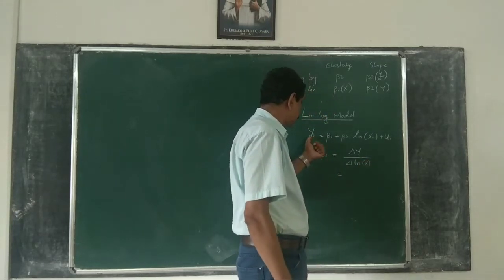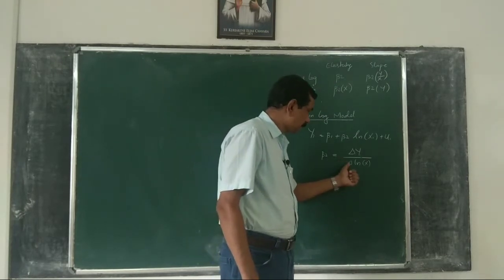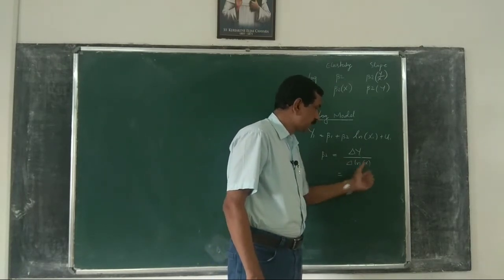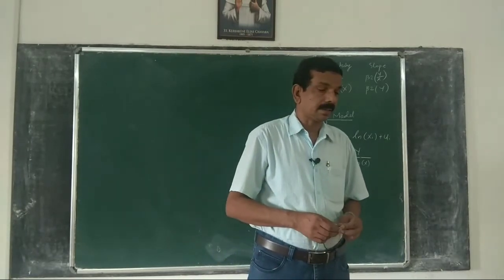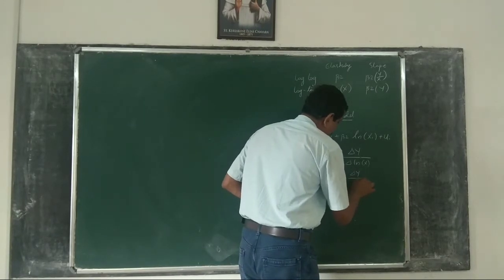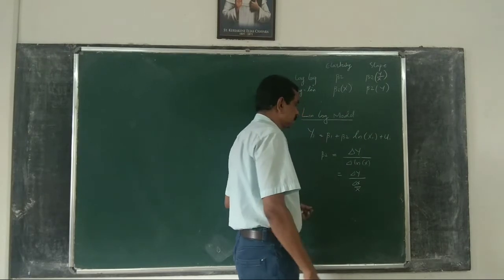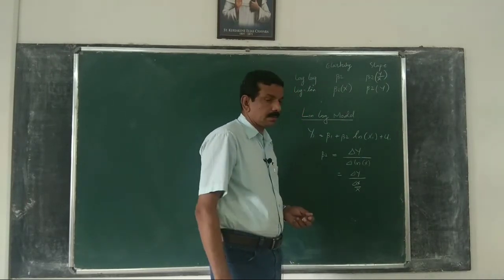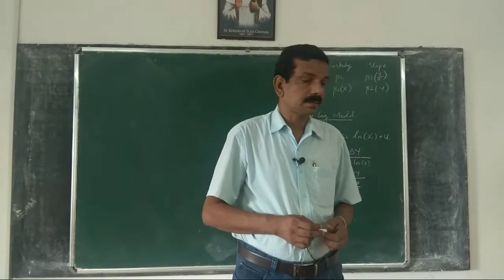That is absolute change in y for a given proportionate change in x, delta y by delta ln x, or delta y by delta x by x. Beta 2 is equal to delta y by delta x by x.